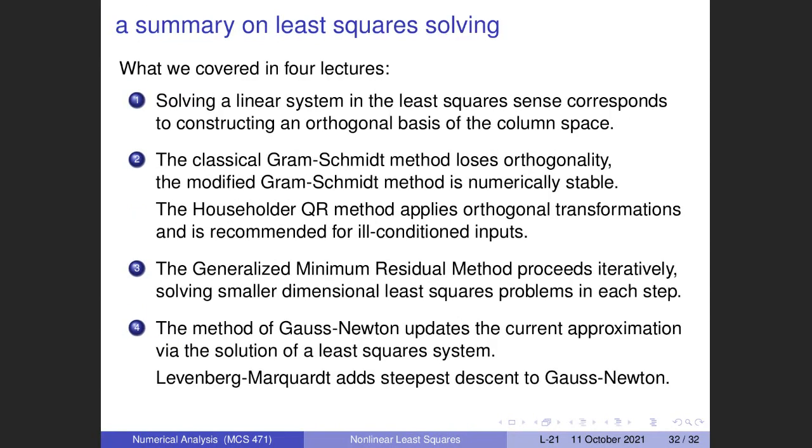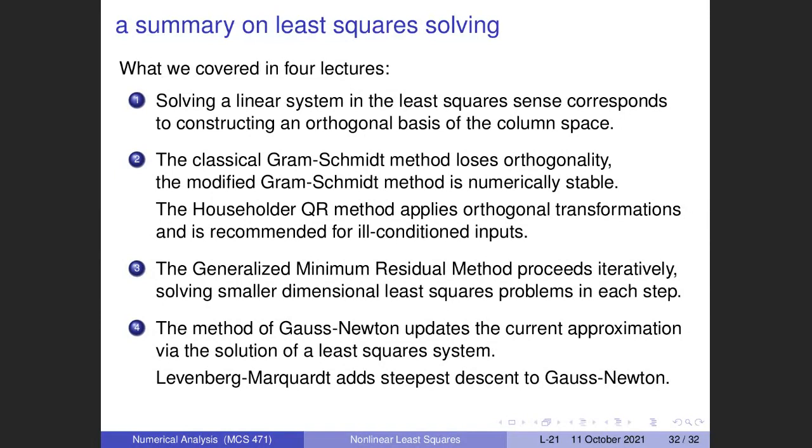All right, 4 lectures. It is a geometrical problem related to constructing an orthogonal basis for the column space spanned by the coefficient matrix. The classical Gram-Schmidt method is another example of a numerically unstable method, similar to LU without pivoting, but the modified Gram-Schmidt method is numerically stable, doesn't lose orthogonality.